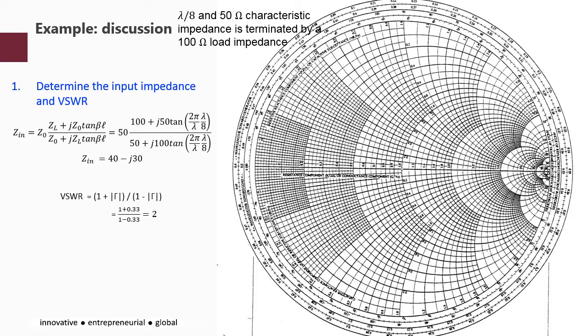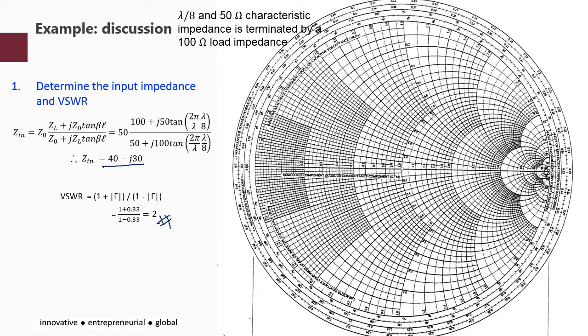From the earlier calculation, you will get the input impedance equal to 40 minus J30 and the VSWR equal to 2. If you remember the equation, or if the equation is provided, then you can use it to calculate.